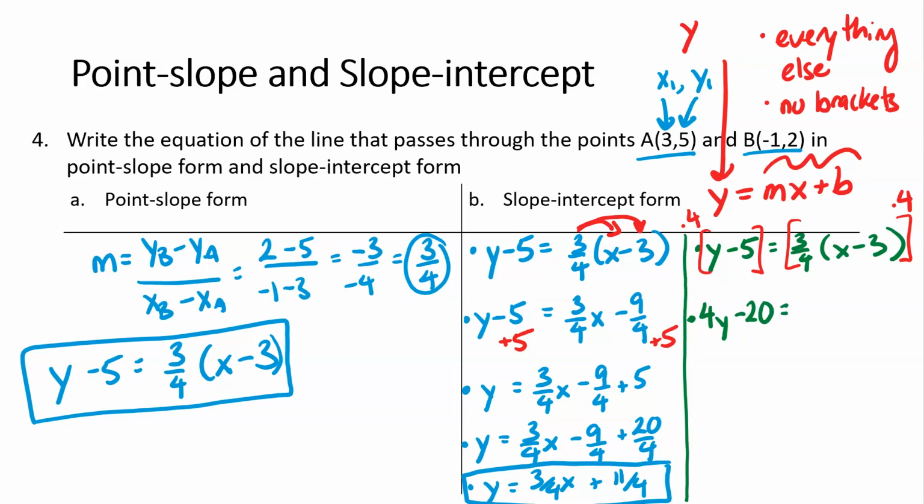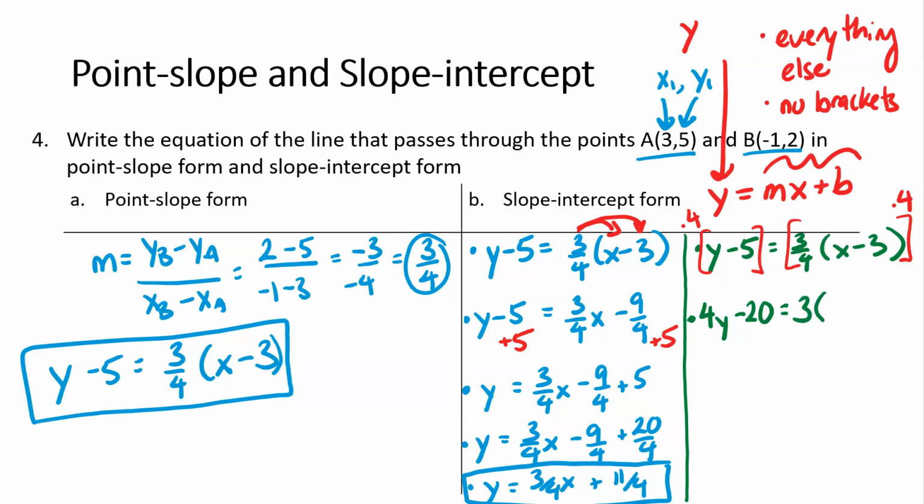On the right side of the equation, we have 3 numbers multiplied by each other: 4 times 3 over 4 times (x minus 3). So you basically just multiply the 4 by the 3 over 4, and then that gets multiplied by (x minus 3). 4 times 3 over 4 is just 3.